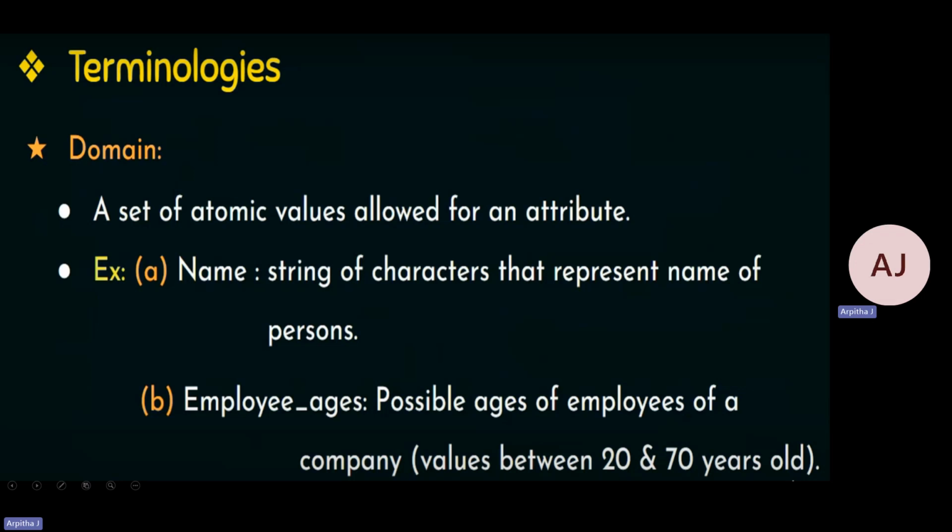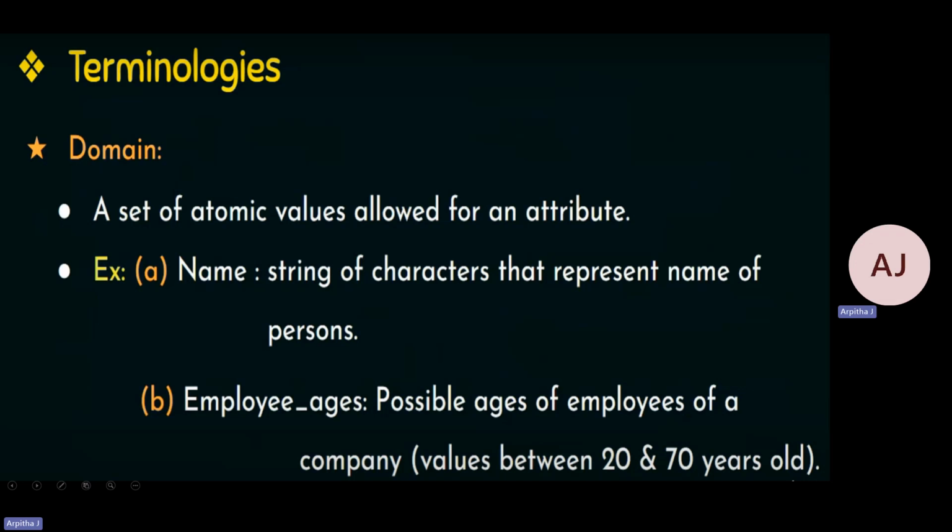Yesterday's example, I told you about the party events representative. In that there was an attribute, remember, party. So what are the values you can enter for the party attribute? Independent, democratic, republican.